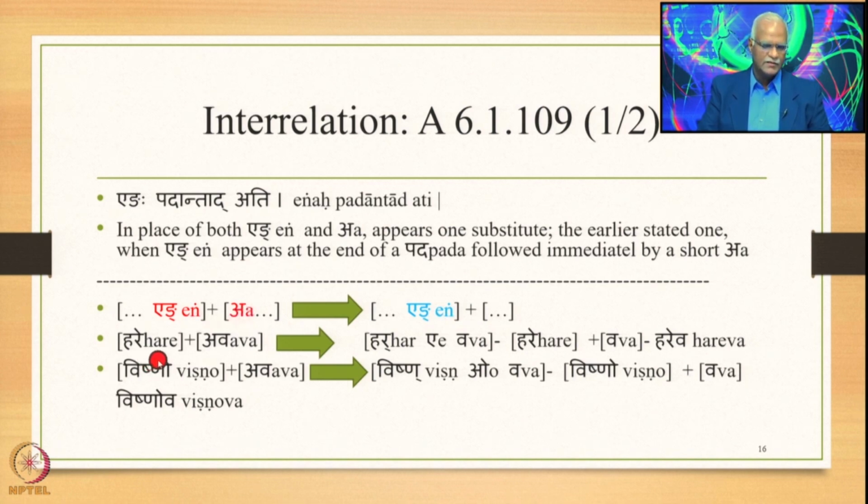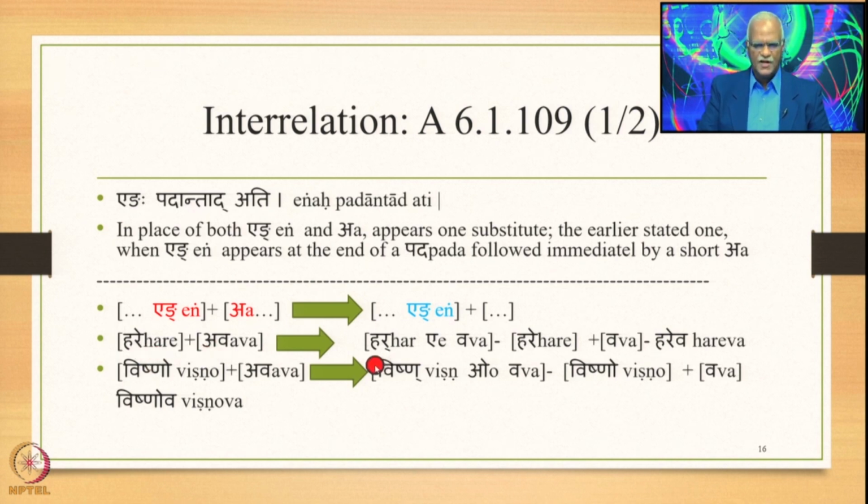We have hare as another pada and ava as another pada. Both of them coming close, in close proximity in the Samhita mode. And so now we have a situation where e, which is part of ing, is coming at the end of one pada. So this is padanta followed by a, and so now 61109 applies, and in place of this e and a we have just one e over here.